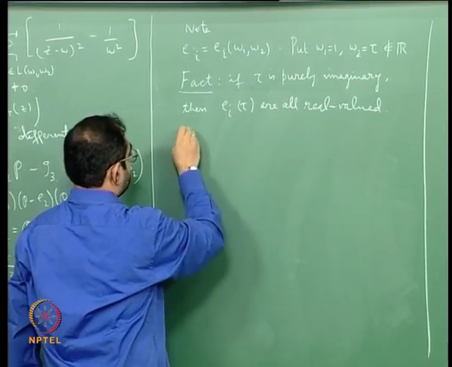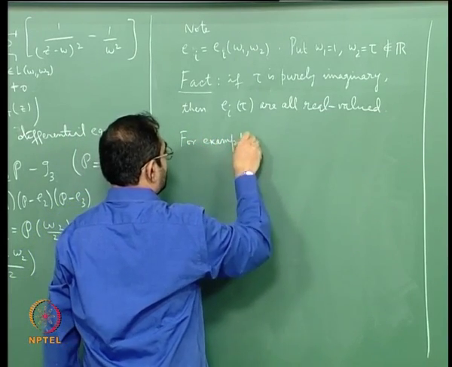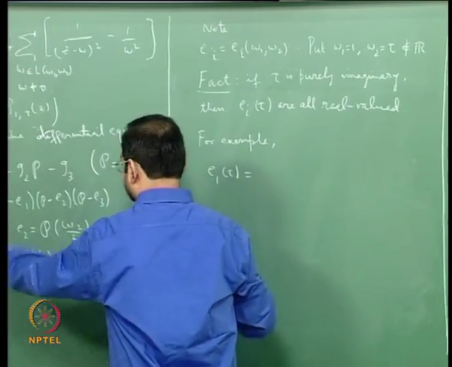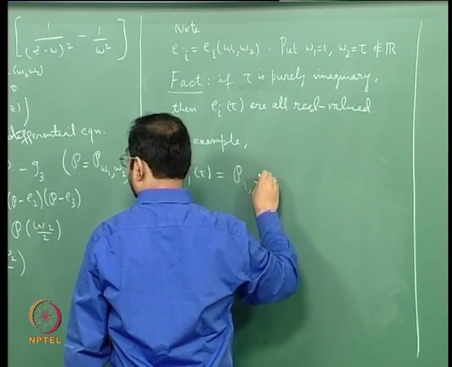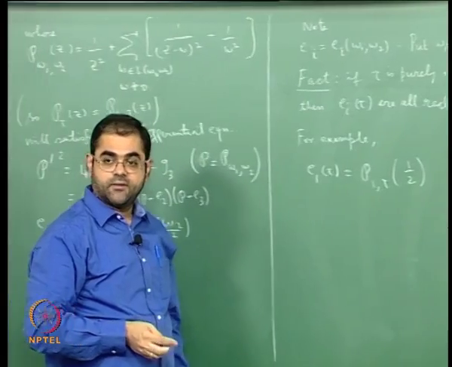Now let us calculate this. For example, what is E1 of tau? E1 of tau is by definition P of 1 comma tau of 1 by 2. This is what it is by our definition.